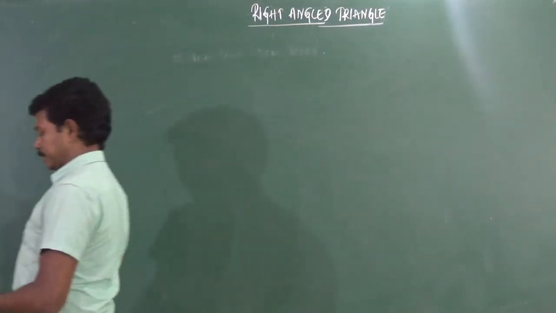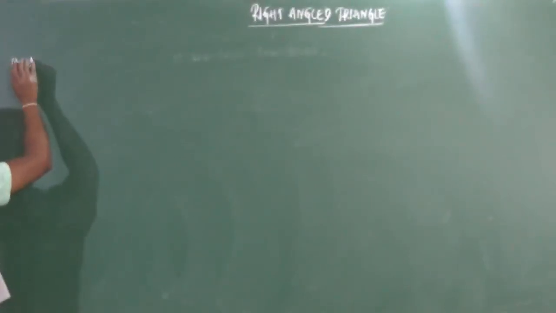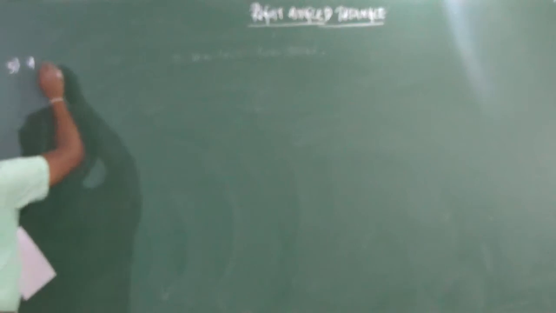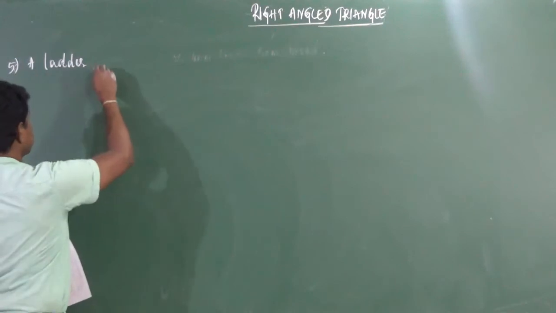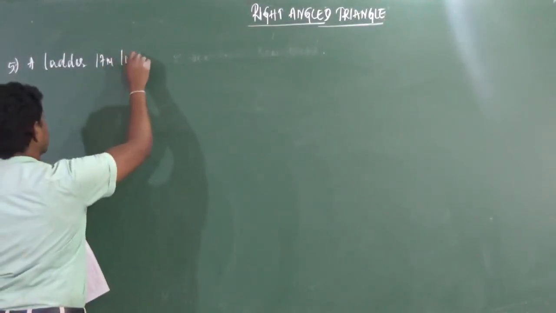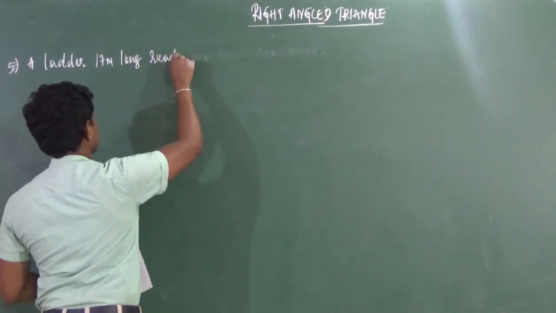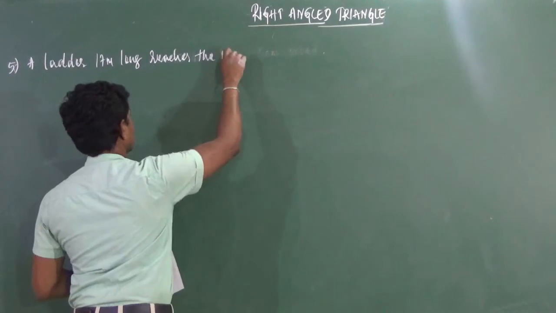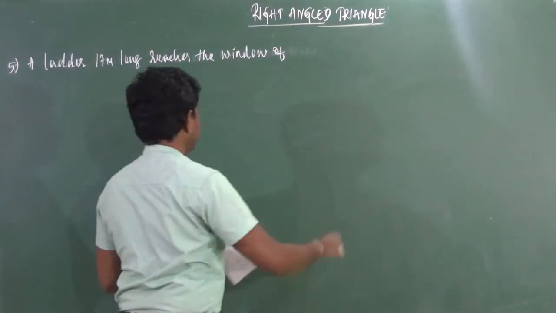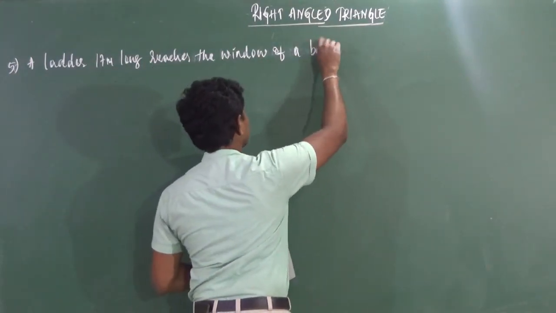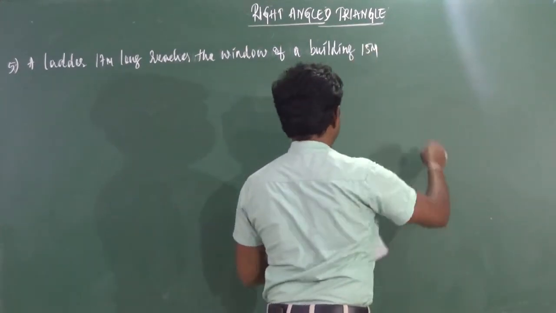Right, another application. I hope this is the 5th problem, right? So a ladder 17 meters long reaches the window of a building 15 meters above the ground.